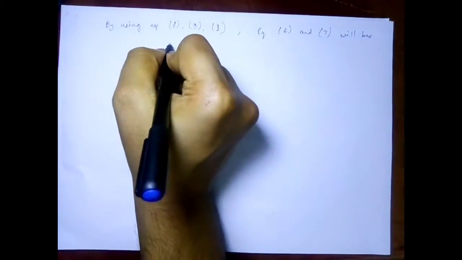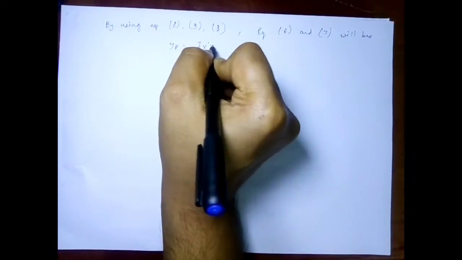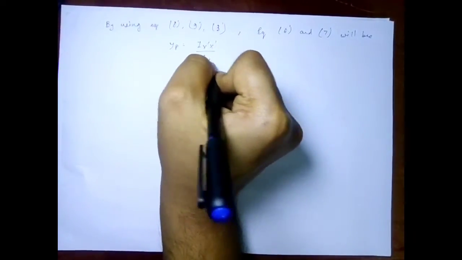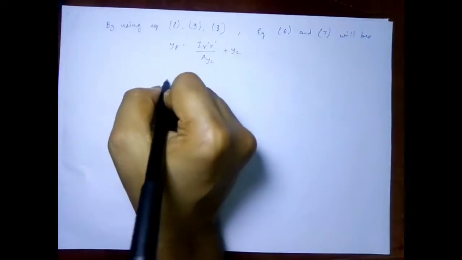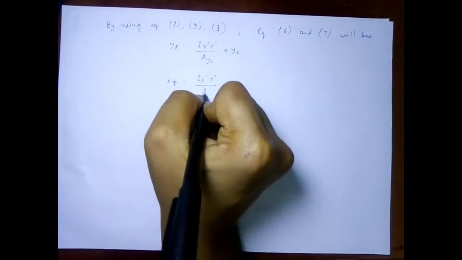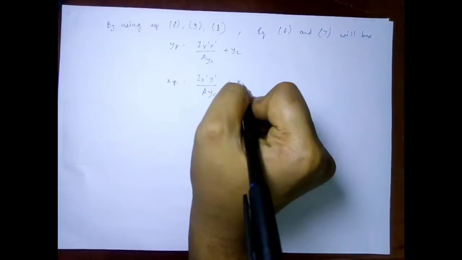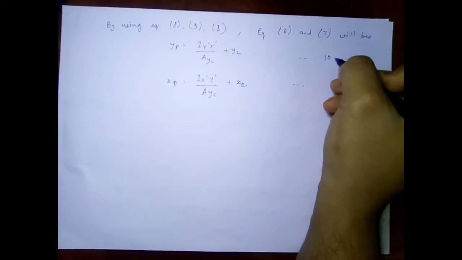Therefore yp will be equal to Ix dash upon A yc plus yc, and xp will similarly become Ix dash y dash upon A yc plus xc, and suppose this is 10a and this will be 10b.